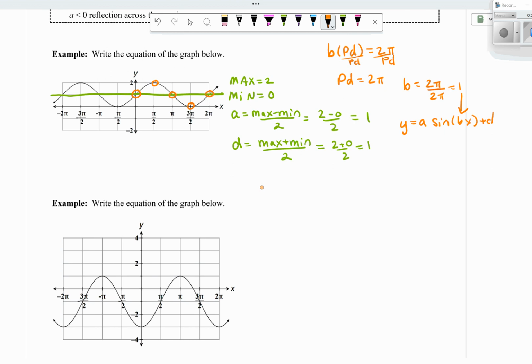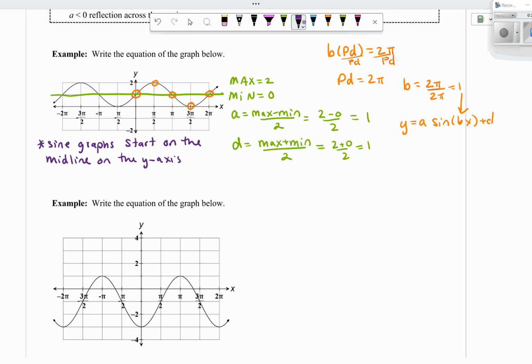So how do I know if this is a sine or a cosine graph? The way you can tell is that sine graphs start on the midline. In this case, since we haven't done any phase shifts, we're going to start on the midline on the y-axis.